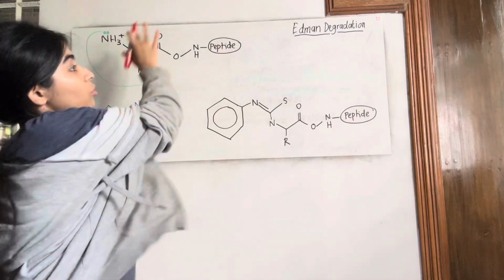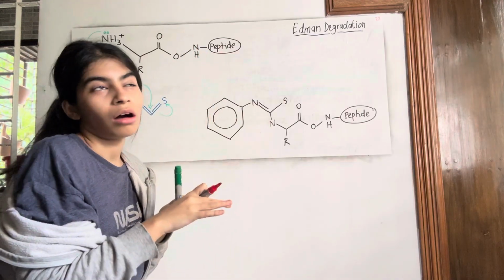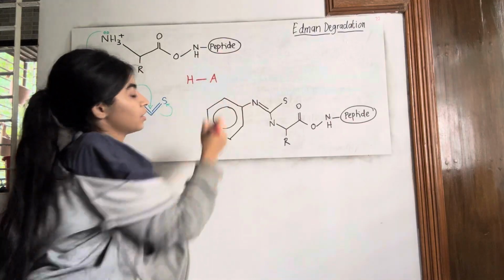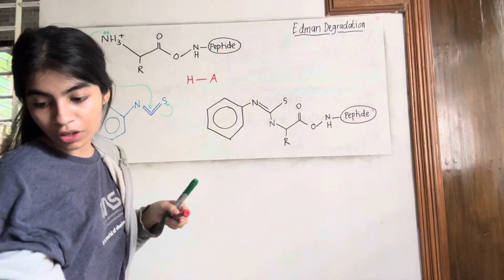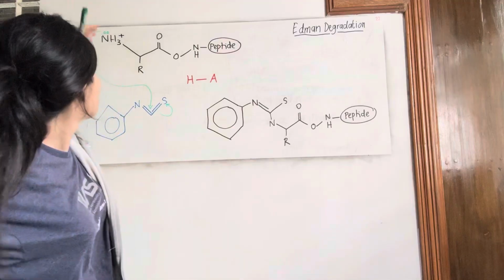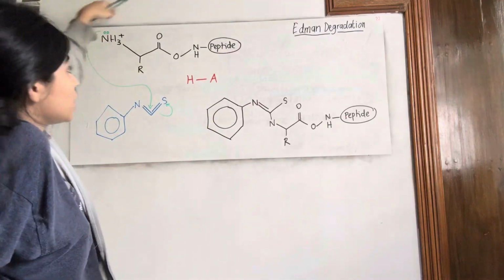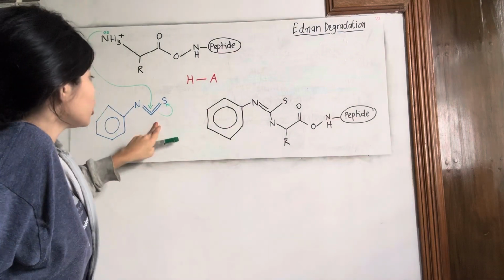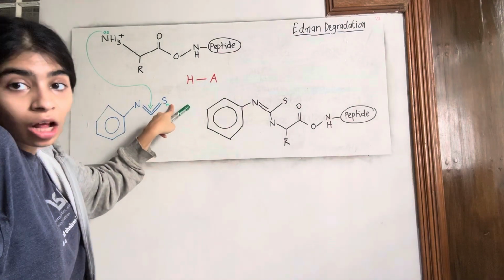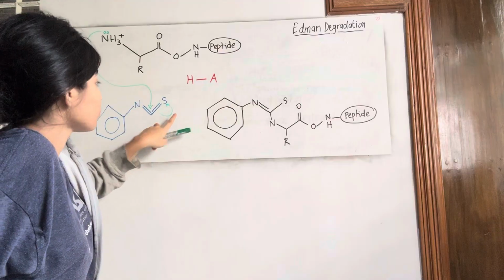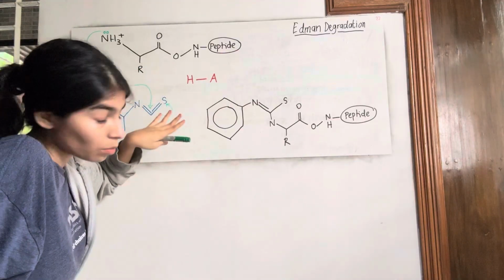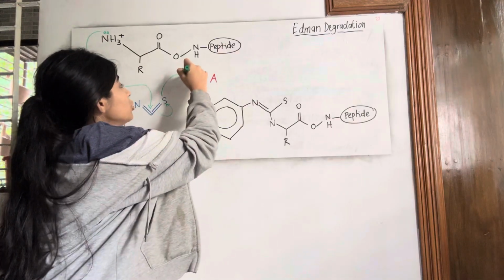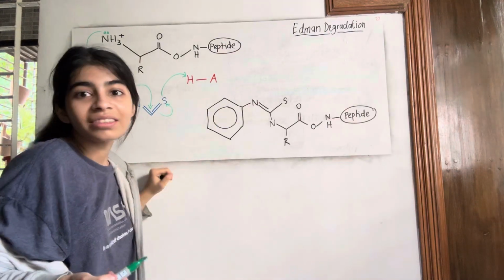Okay, we're just gonna do this. So we are gonna do this in an acidic condition. That being said, we got an acid, HA. And since sulfur's got electrons now, the lone pairs from the amine group of the amino acid donate to the carbon of PITC, which donates its electrons to the sulfur, breaking its double bond into a single bond, and then sulfur in turn gives its electrons to hydrogen because he's cute.